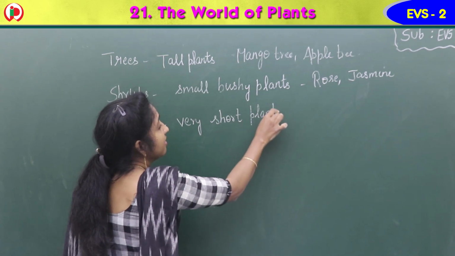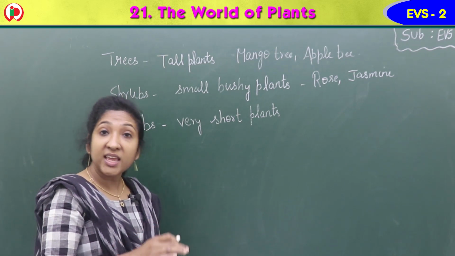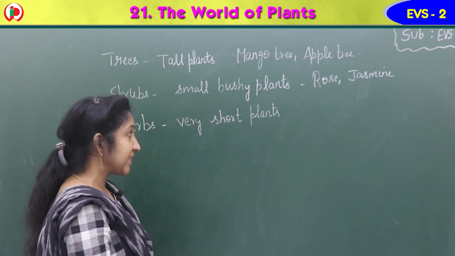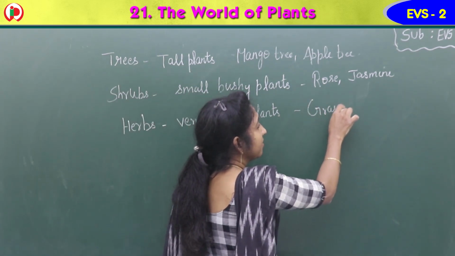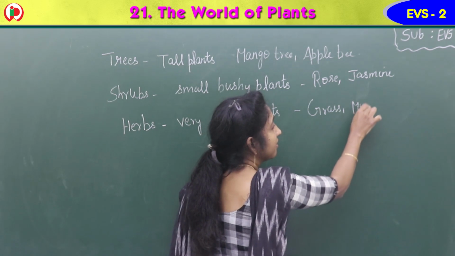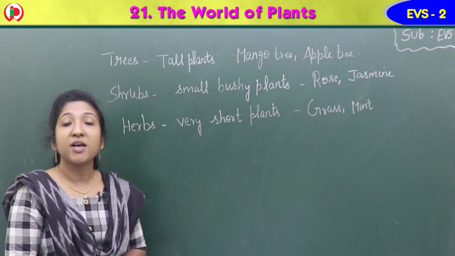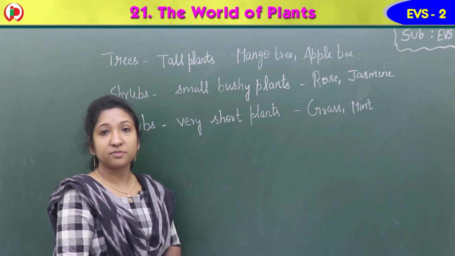They are herbs. Very short plants are herbs. Examples, grass, mint, tulsi. They are all examples of herbs. They are very short or very small.